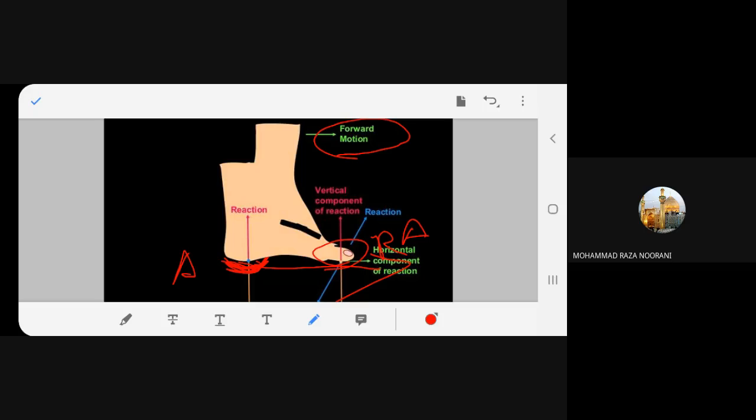So both have to be simultaneous. When you apply a force on the toe, you get a reaction on the heel and you walk. When you put action on the heel, the toe comes as the reaction. And that's how we walk with both feet. You understand better? Yes, ma'am.